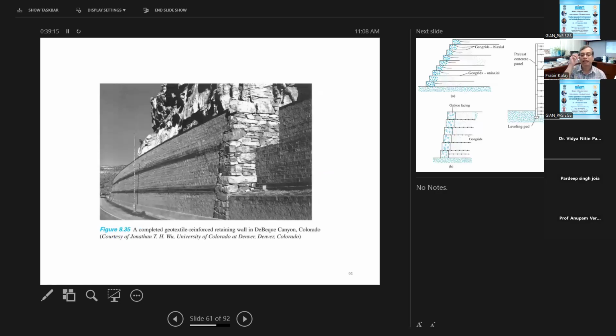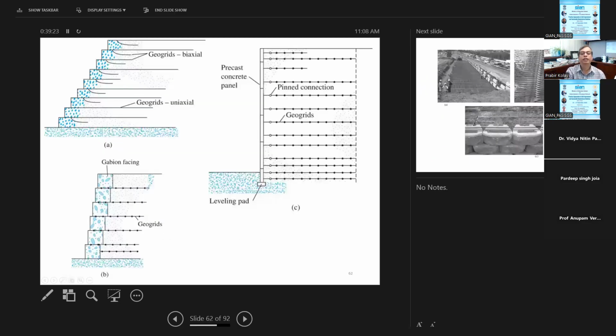So this is a geotextile reinforced retaining wall. On the facing wall, you can see how it looks like. If it is a geogrid, or sometimes you put a gabion wall as the facing wall, it's like a cage type of structure.